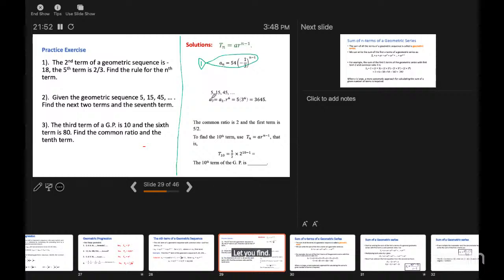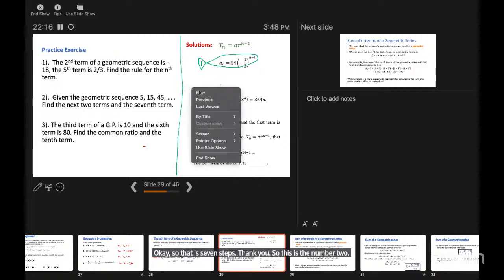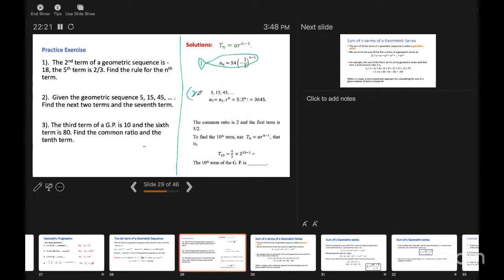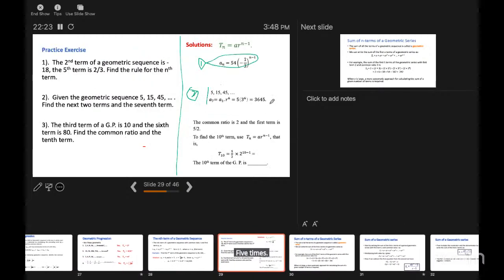And the next term is 45 times 3 times 3, which is 405. So now find the 7th term. The 7th term is 3,645. Okay, so that is the 7th term. So this is number 2.